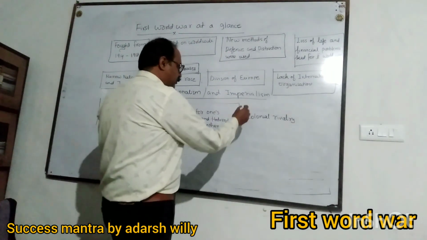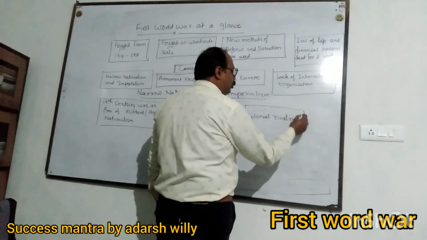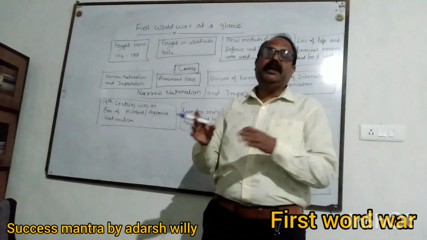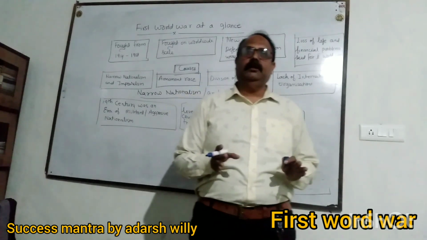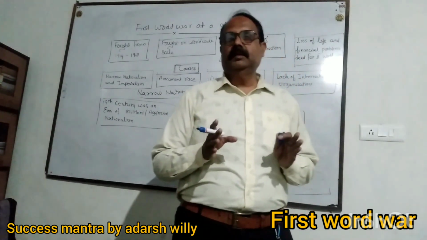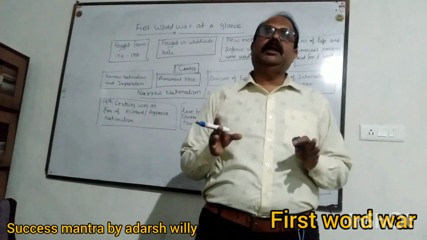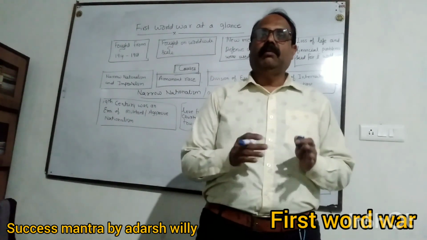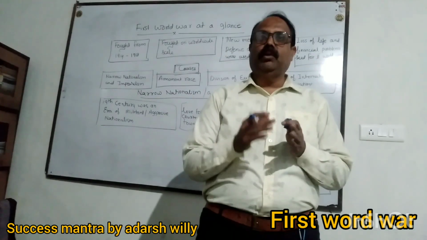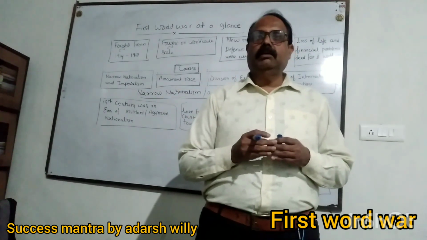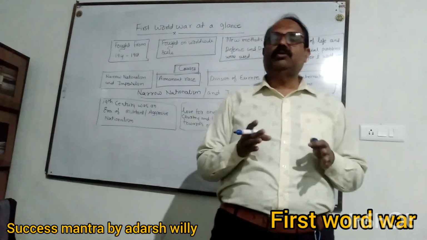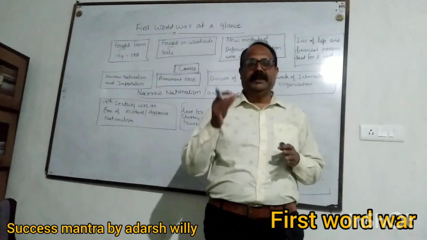And then here we talk about colonial rivalry. Colonial rivalry means, for example, that countries which were well developed at that time, like England, were going into poor countries and establishing their colonies. India was also a colony of the British.